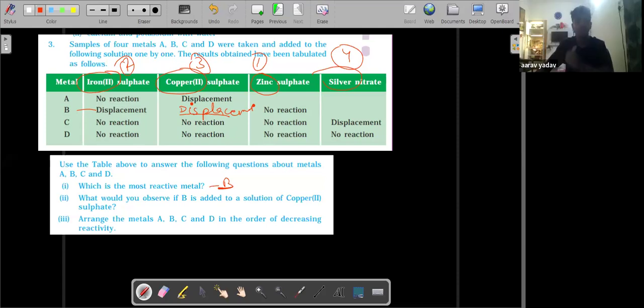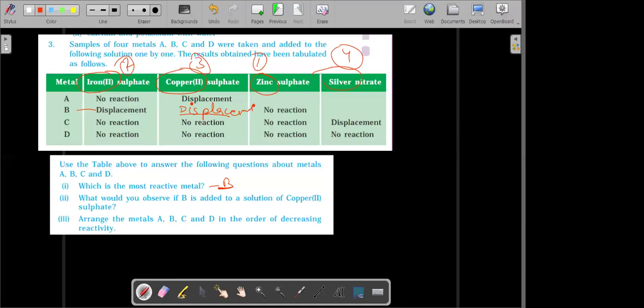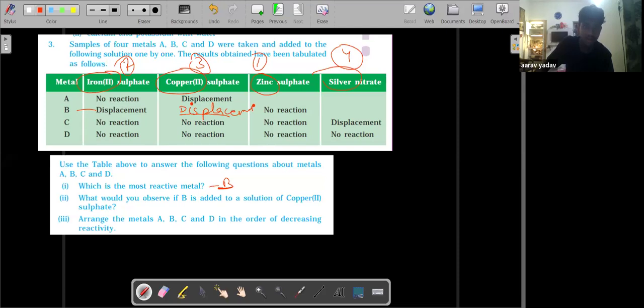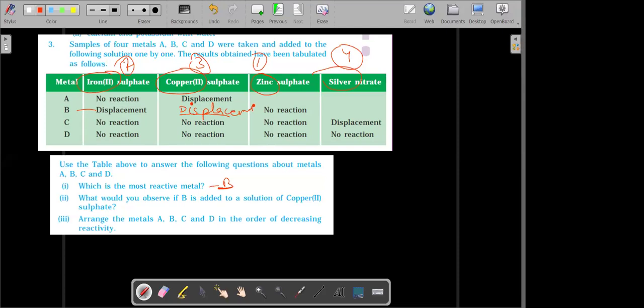Arrange the metals A, B, C, and D in the order of decreasing reactivity. Sir, B is the most reactive.